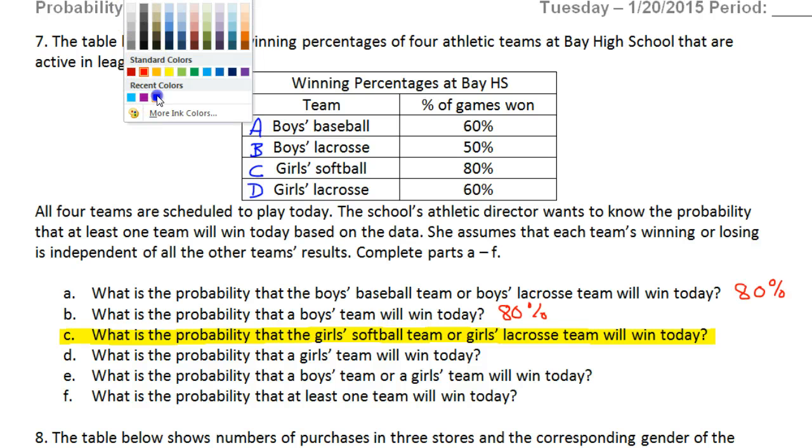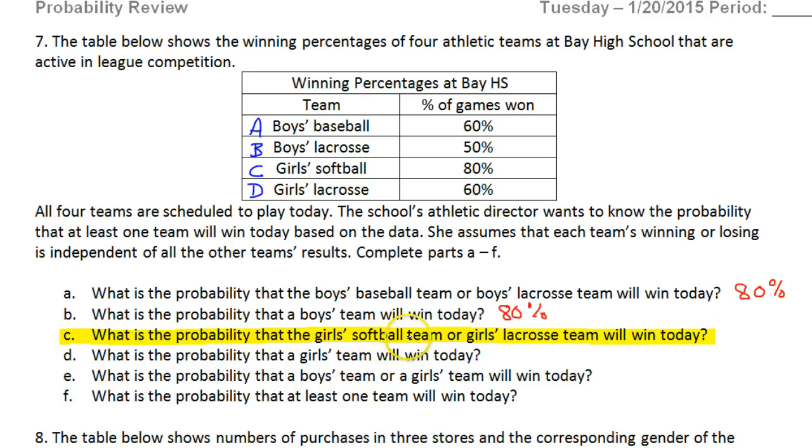So the probability that a girls softball team, so that's C, or a girls lacrosse team, so we're talking about C or D. The probability of C or D is going to equal the probability of C plus the probability of D minus the probability of C and D. Now the probability of C is 80%.